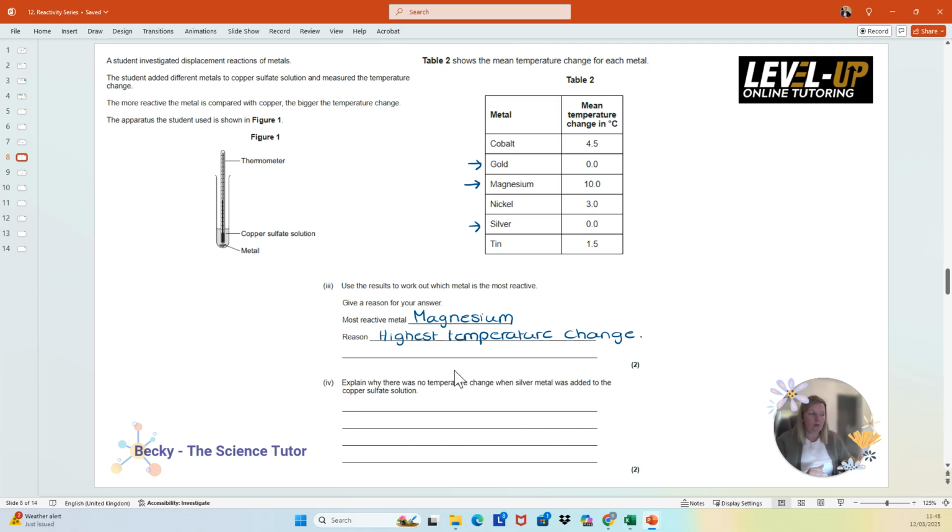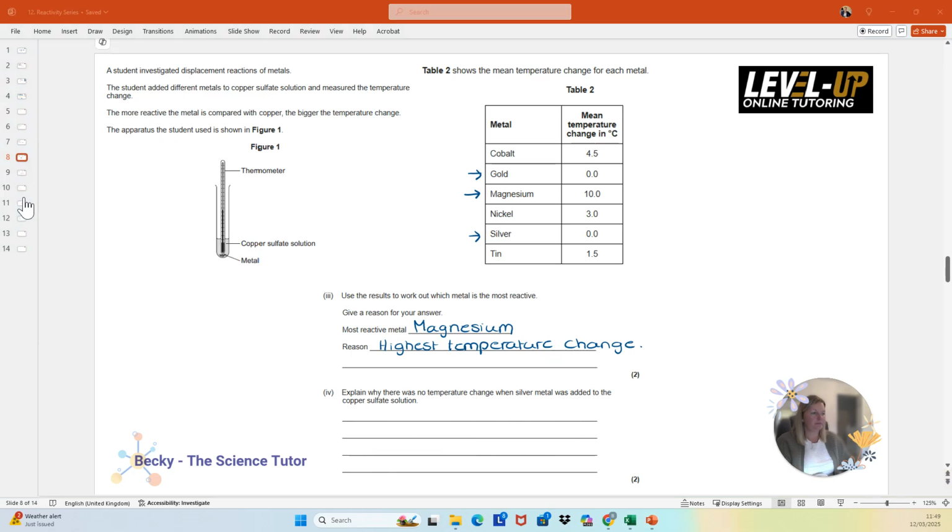Okay, so the next part of this question says explain why there was no temperature change when silver metal was added to the copper sulfate solution. Okay, so let's have a look at how we write the answer to that. So here, 2 marks available. Why there was no temperature change, so we're going to say that silver did not react.